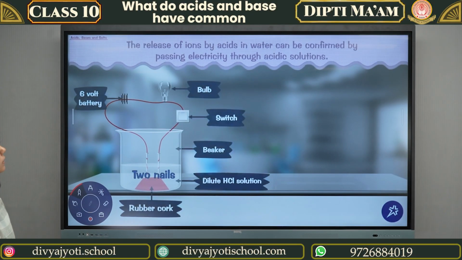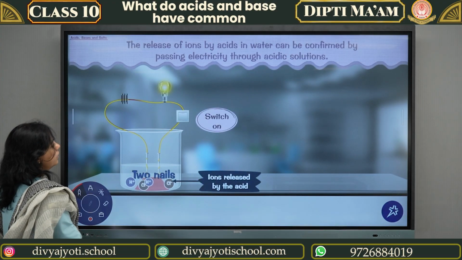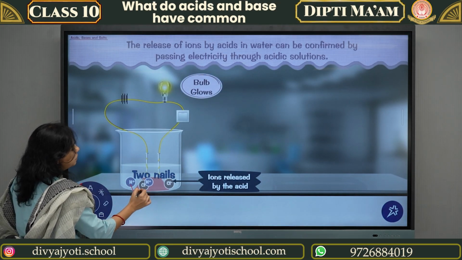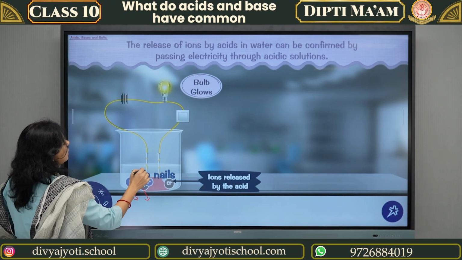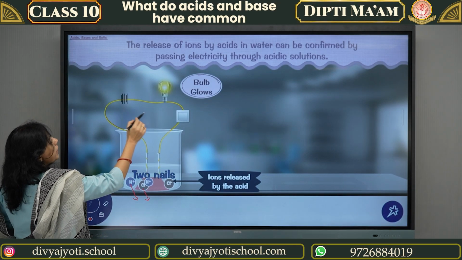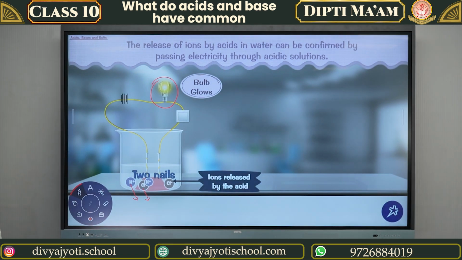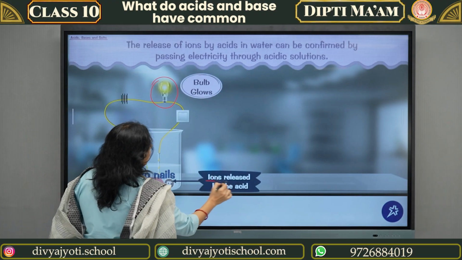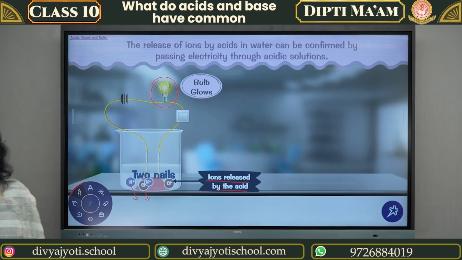So let's see what happens if the acidic solution is added in this beaker. You clearly see here that the acid is converted into H+ and Cl- ions, and these ions react with the nail which is connected with the wire, and with the help of the battery you can observe that the bulb is glowing. So that means whenever you add acid in this beaker, ions are released by the acid, and because of this reason the bulb is glowing.